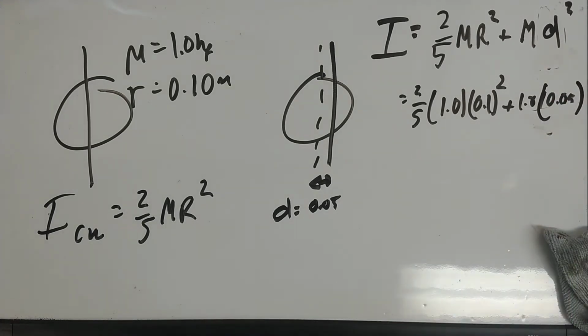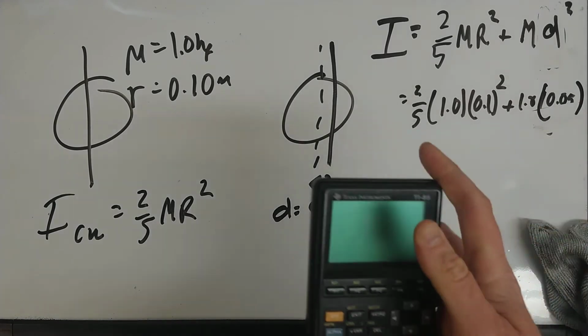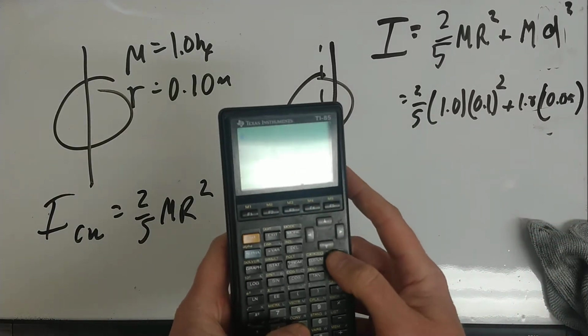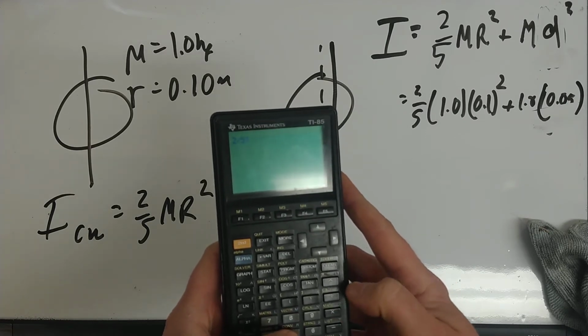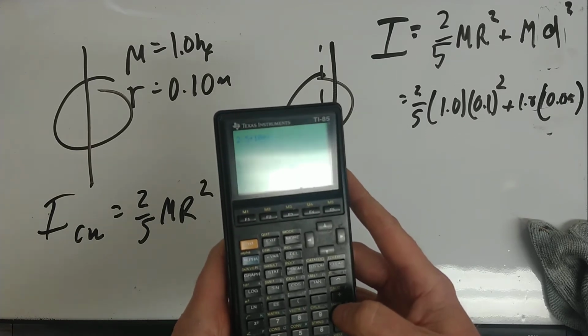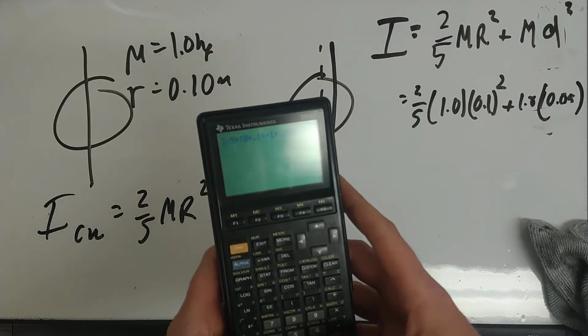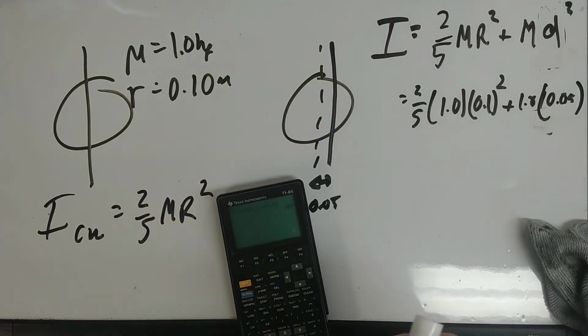So you can plug and chug it and get an answer. 2 divided by 5 times 1.0 times 0.1 squared plus 1 times 0.05 squared. That's going to give us 0.09.